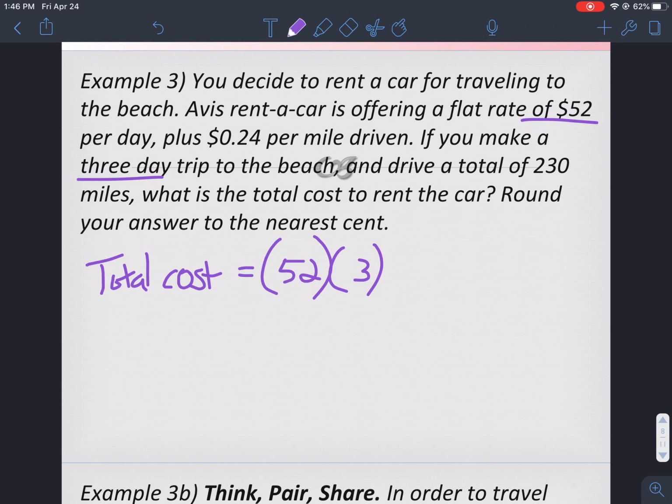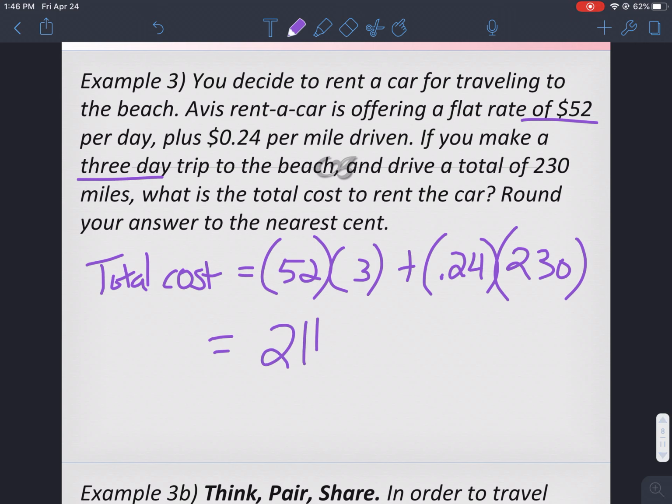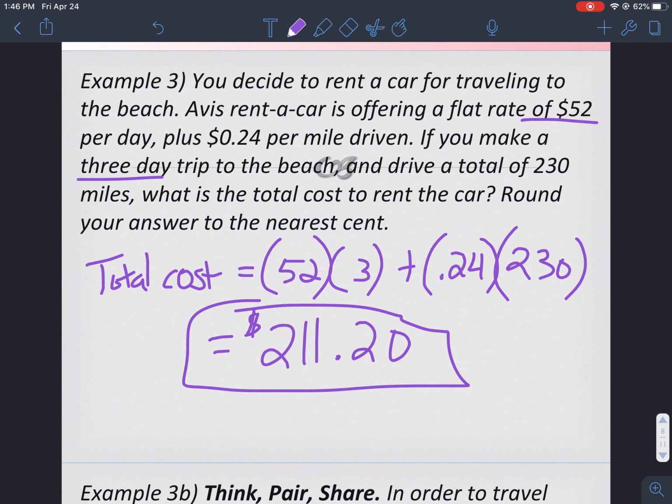We're going to add on 24 cents per mile times 230 miles. Let's put that all together, and you get a total cost of $211.20. Now, this doesn't include any gasoline that you purchased.